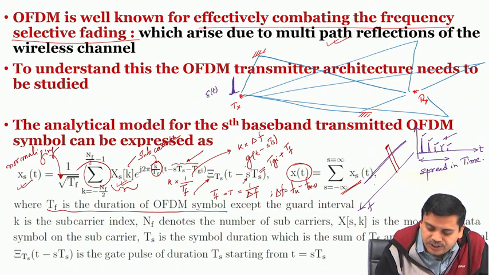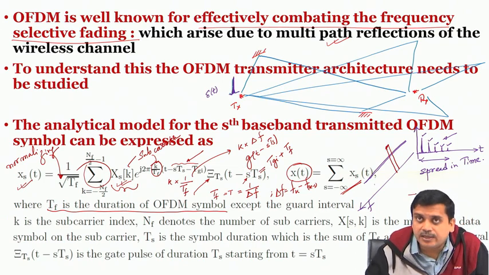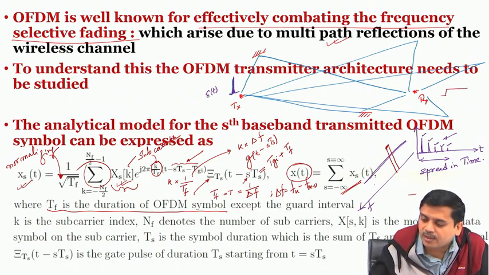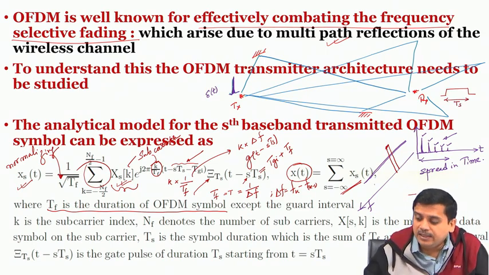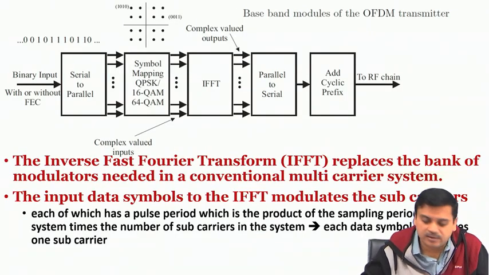We see that g of t is essentially an expression which is like this, that means it is rectangular over a period of Ts, okay. And Ts we said is equal to Tf plus Tgi.